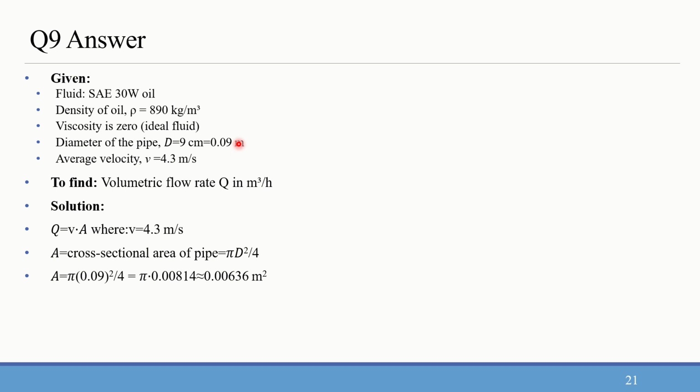Now we are substituting the value of D in the equation for A. So pi by 4 into 0.09 square gives us 6.36 into 10 power minus 3. Basically it is 0.0064 that we can keep.